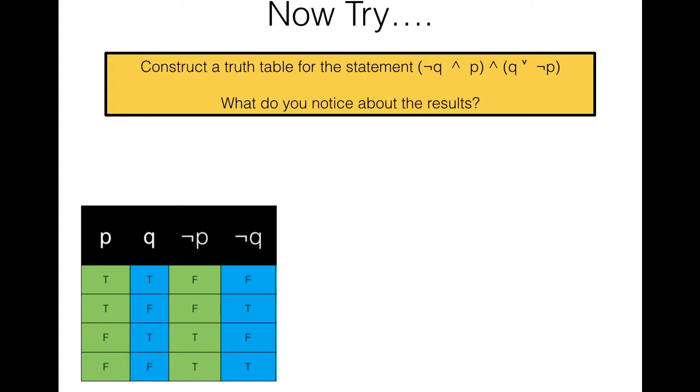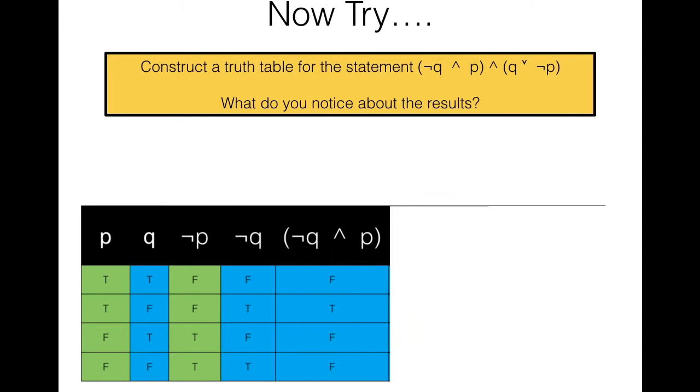Now remember, in this case, we are looking at our not Q and our P, and the only time when not Q and P are both true is this middle section here. So not Q is true and P is true. So this is the only time when not Q and P can be true.